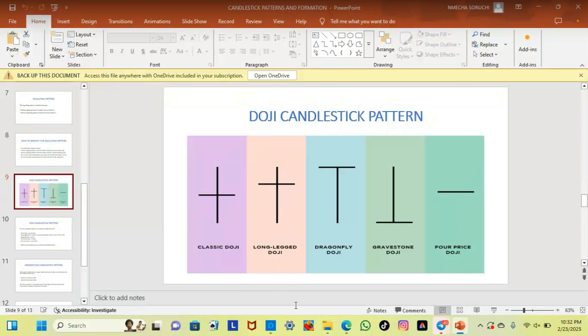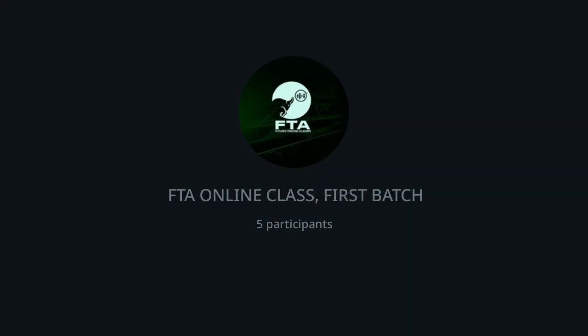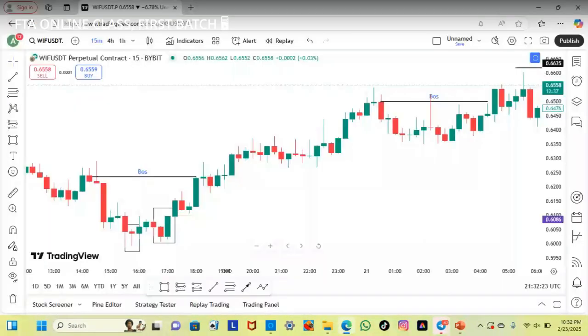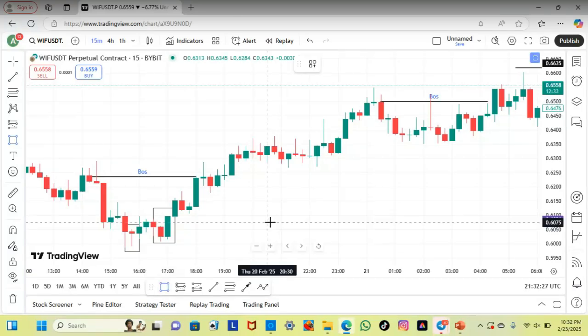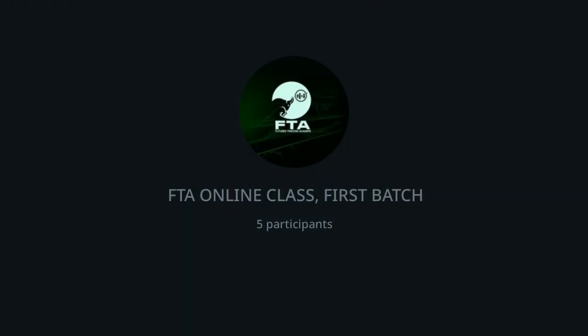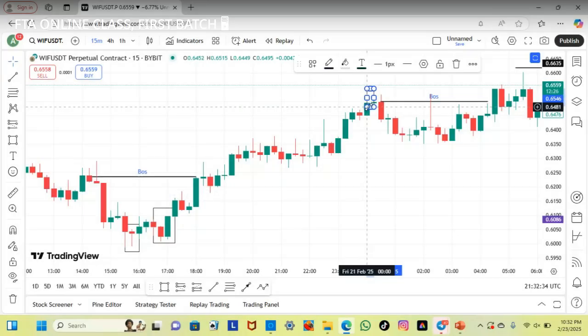So let's go back to the chart now. From here, we can see a long-legged doji that the body is at the bottom. If you can see it here, this is it.